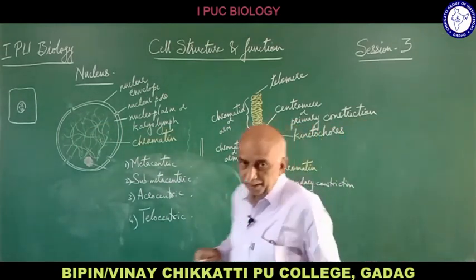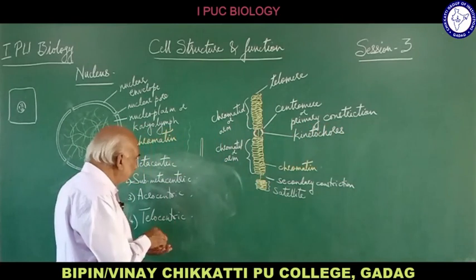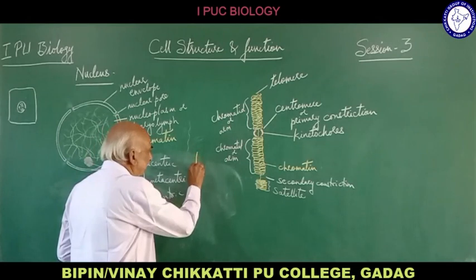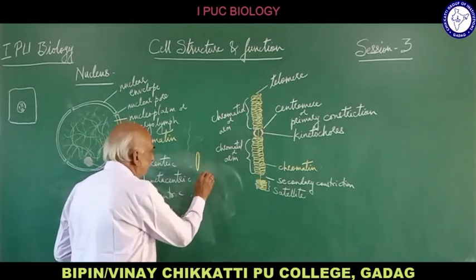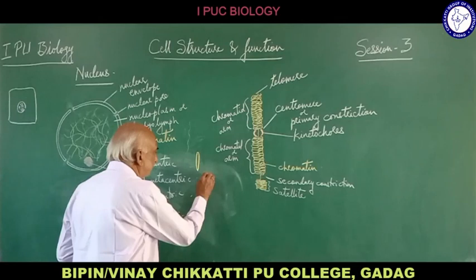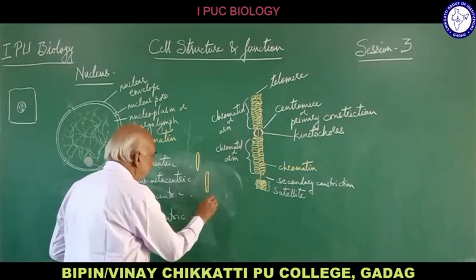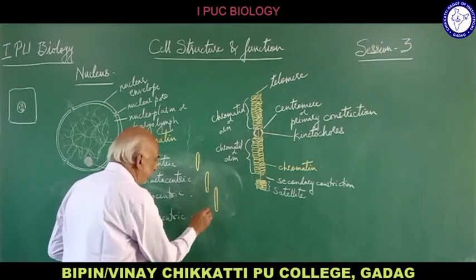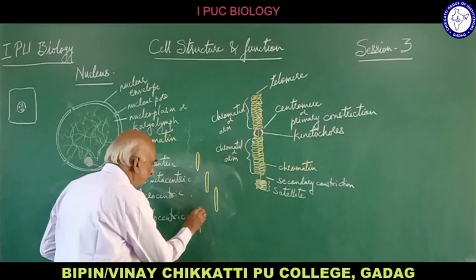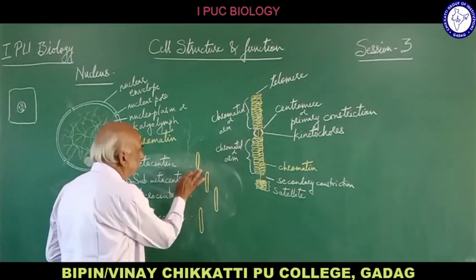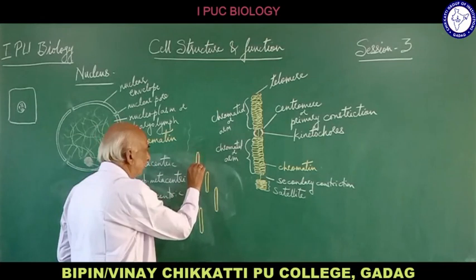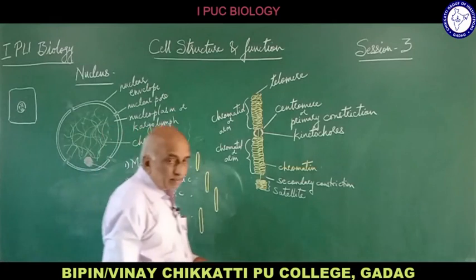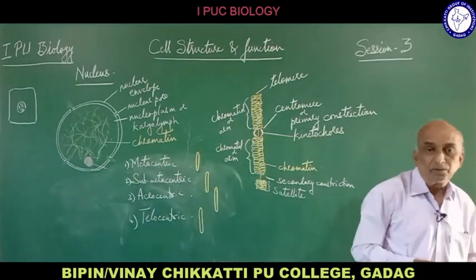Now suppose this is the chromosome. In all cases we shall draw the diagram here. Suppose these are the chromosomes which I have drawn: metacentric, submetacentric, acrocentric and telocentric.